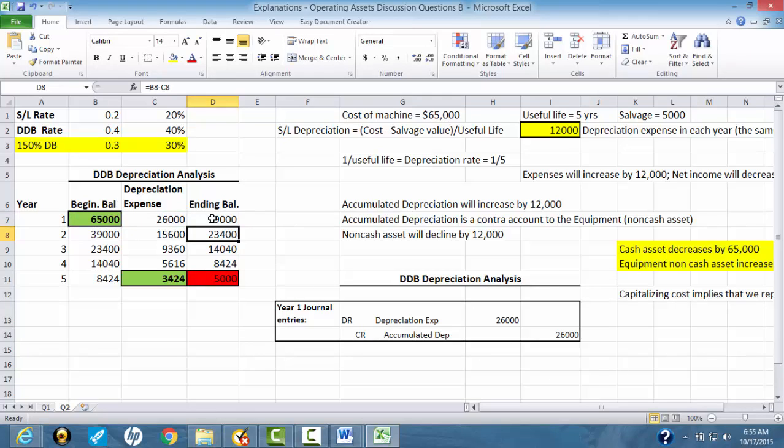Now, this ending balance becomes the beginning balance in the second year, because this is like December 31 and then January 1.